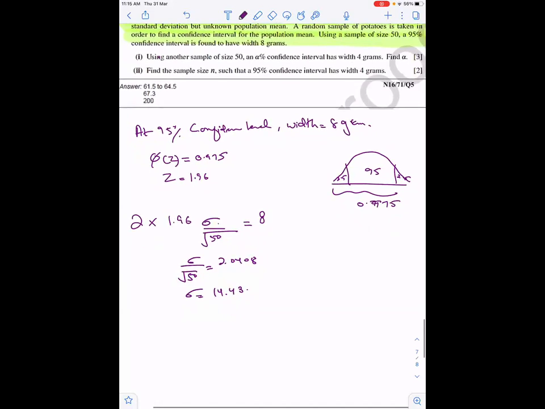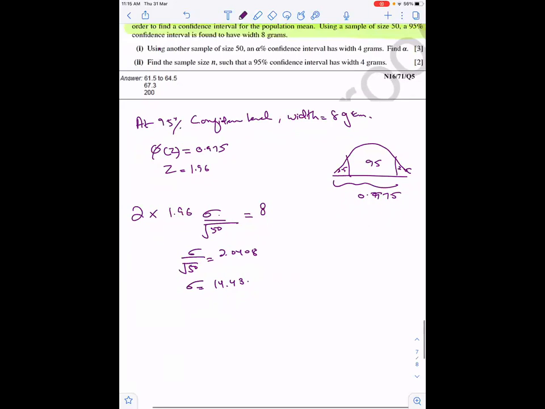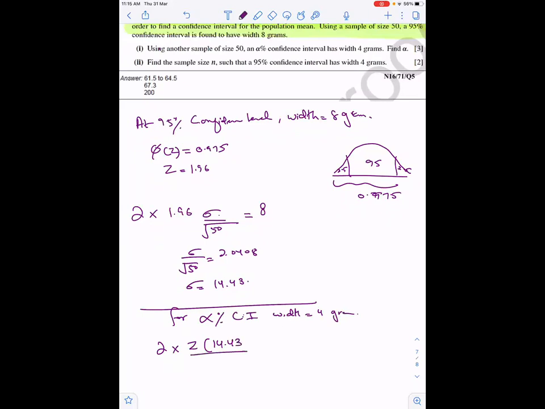Using another sample of size 50, the interval has width 4 grams. For this confidence interval, width equals 4 grams. 2 times Z, we don't know the value of Z in this question, but we know that the standard deviation is 14.43 upon square root of sample size, which is the same, 50, and the width is 4.